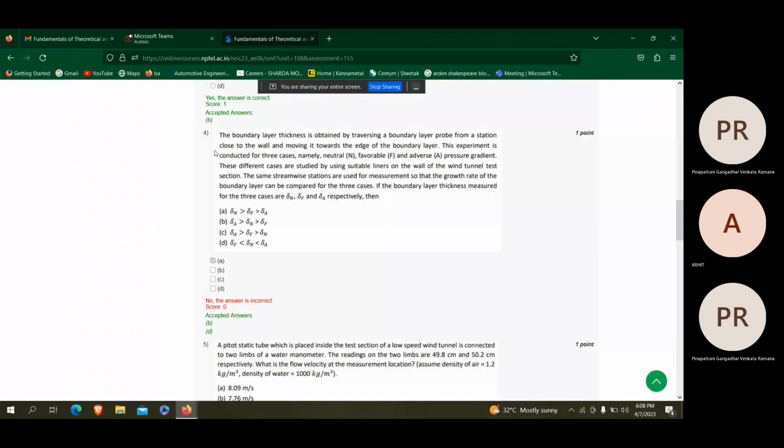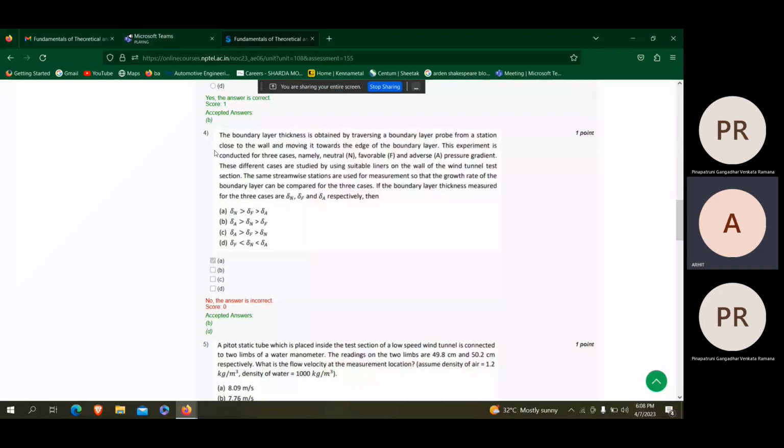If the boundary layer thickness is measured for the three cases, delta N neutral, delta F favorable, and adverse, neutral is on the verge of separation, right? Yes, sir. And adverse is already separated.